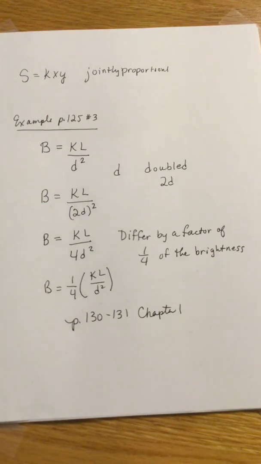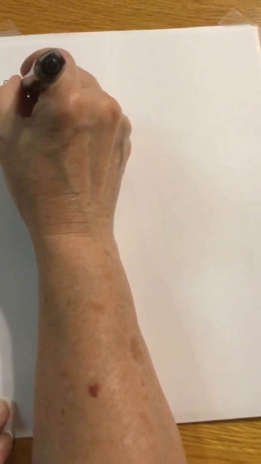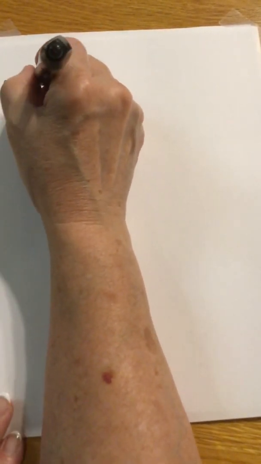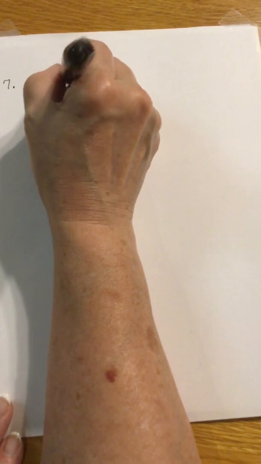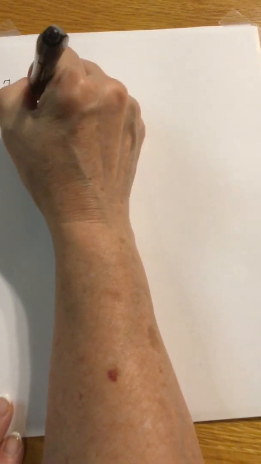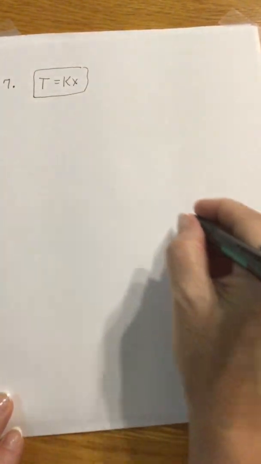The first one we're going to look at is number 7. It says t varies directly as x. So directly means straight across, so I've got t equals kx. And that's my answer. So that one's not hard.